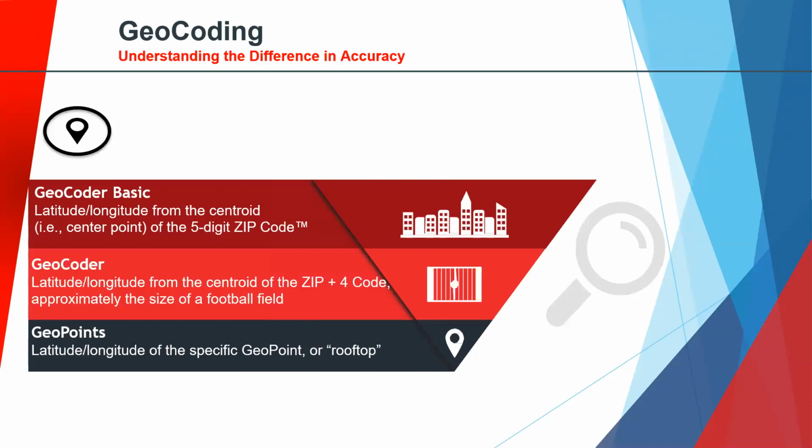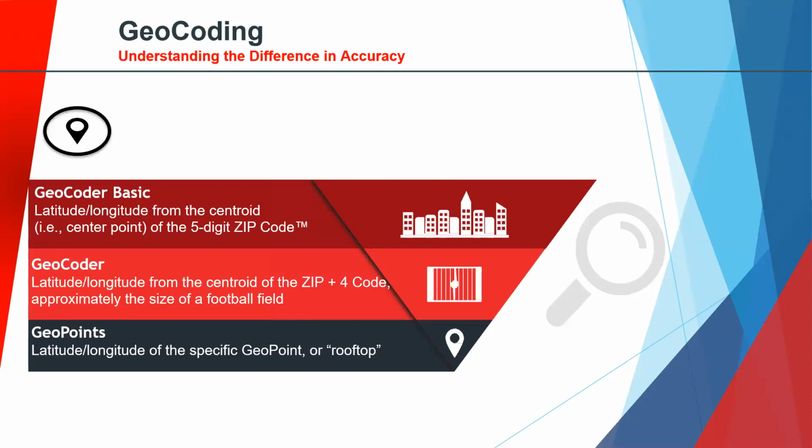If you wish, you can subscribe to our geocoder service, which is also through the USPS, and gives the latitude and longitude of the zip +4, which is only, in most cases, about the size of 5 or 6 city blocks. GeoPoints gives the delivery point latitude and longitude, which is the mailbox out in front of the house.